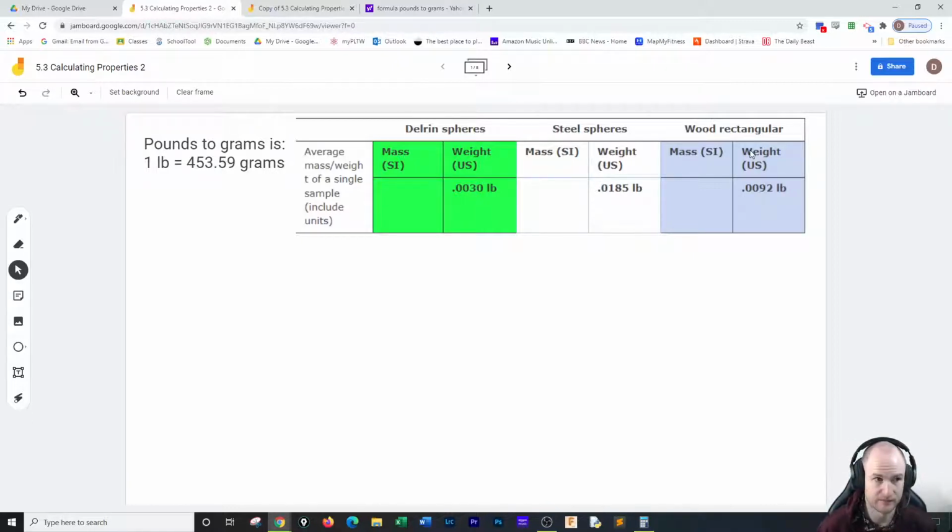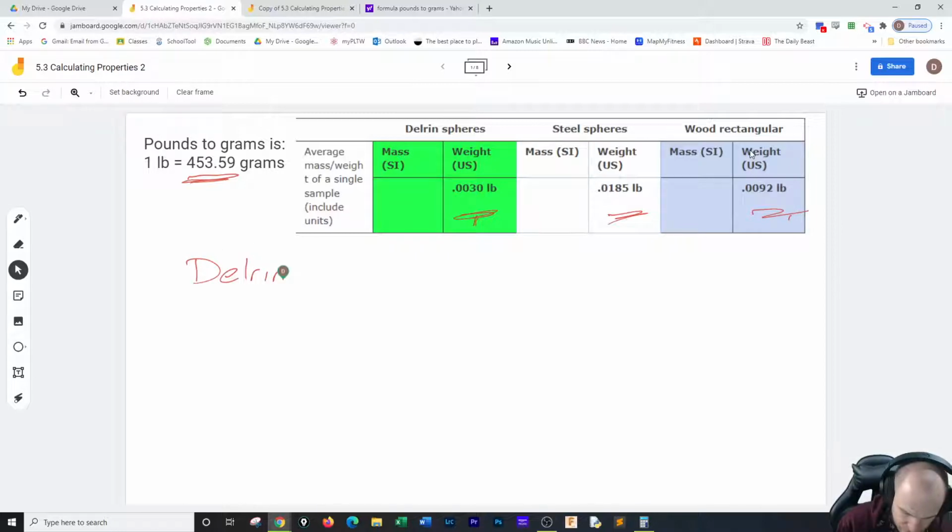Okay, so just looking at this right here, we've got three values. Each of these values has its weight given in pounds. To convert all of these pounds to mass, we have to multiply each of those values by this much. So the Delrin is going to be 0.003 times 453.59.